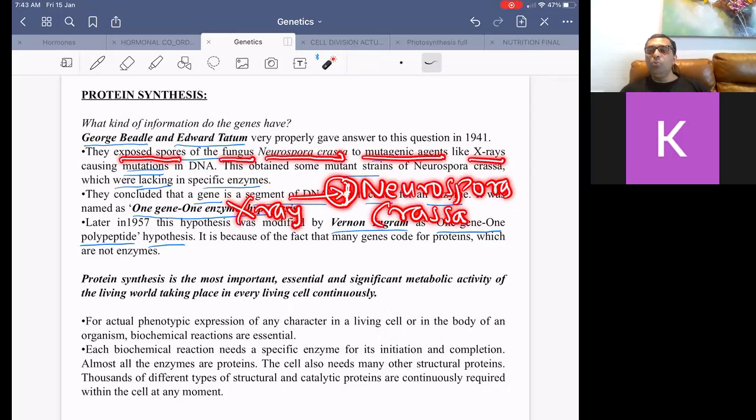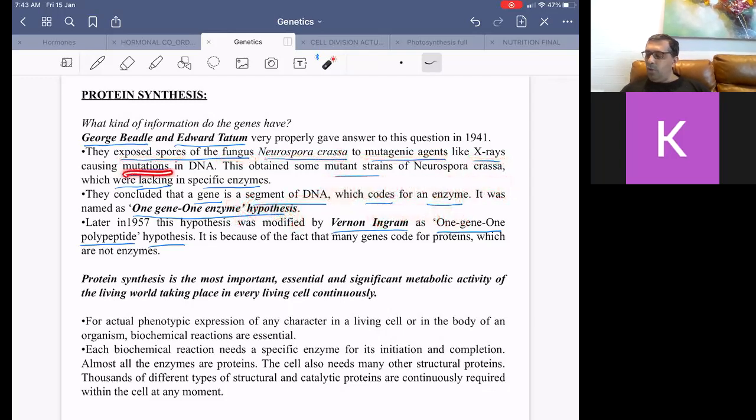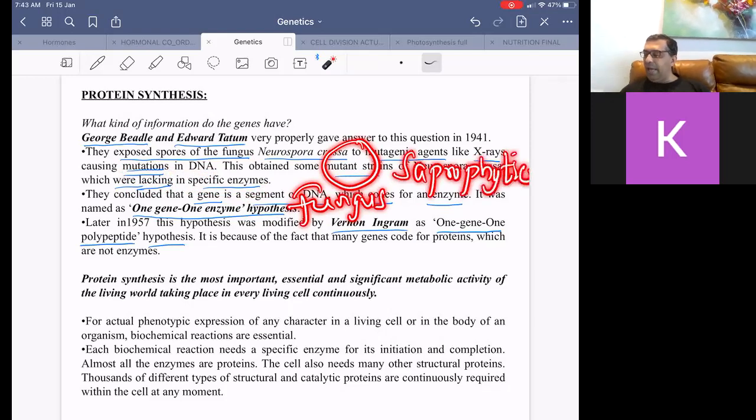तो डीएनए में म्यूटेशन हुआ and this mutant spore could not produce enzyme. This mutant spore, Neurospora crassa, lacks certain enzymes. And what was the enzyme for? Neurospora crassa is a fungus. Fungi are saprophytic.